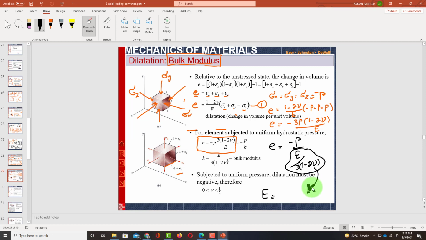Volumetric resistance to, it shows you the resistance to volumetric change. ठीक है ना, और इस K की वैल्यू है E over 3 into 1 minus 2 nu. So this equation will become e is equal to minus P, and instead of writing this whole term we can just write K, where K is bulk modulus. So dilatation will become equal to e is equal to minus P by K. Clear?